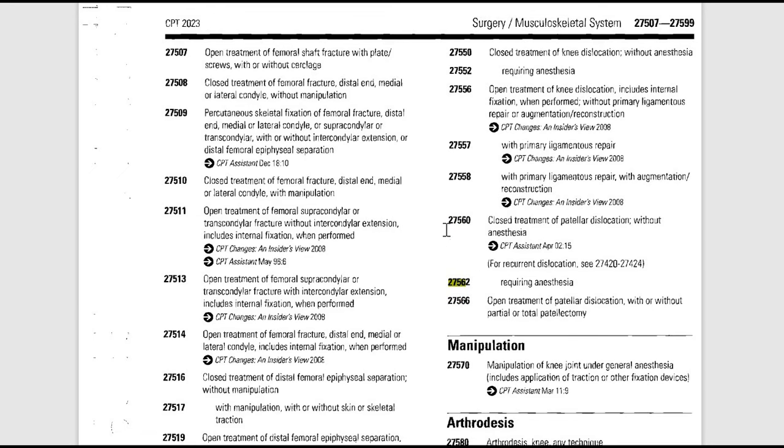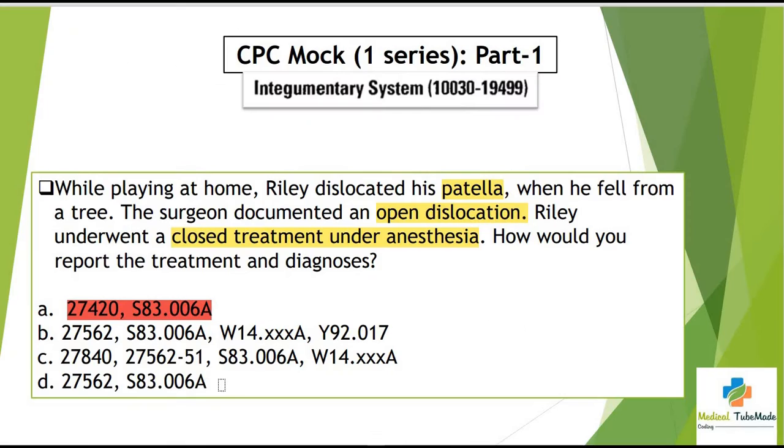Now you can see 27560 is without anesthesia and 27562 requires anesthesia. So the complete description is: closed treatment of patellar dislocation requiring anesthesia, meaning with anesthesia. 27562 is appropriate as of now. Here you can see closed treatment of the patella, and anesthesia has also been given.